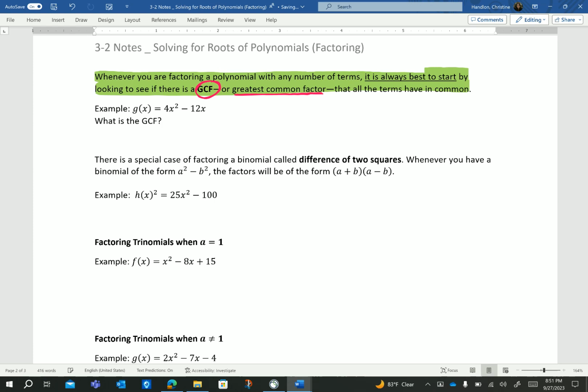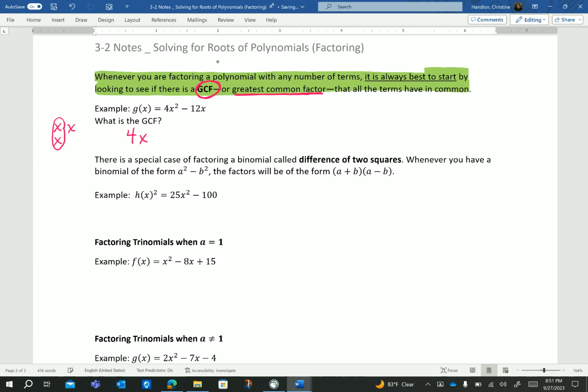What does the greatest common factor look like? Well, here's a very simple, quick example. 4x squared minus 12x. The greatest common factor between 4 and 12 would be a 4. And x squared and x: I have an x squared, that means x times x, and then the next term I have an x. They only have x to the first power that matches. So 4x is the only thing that they match.